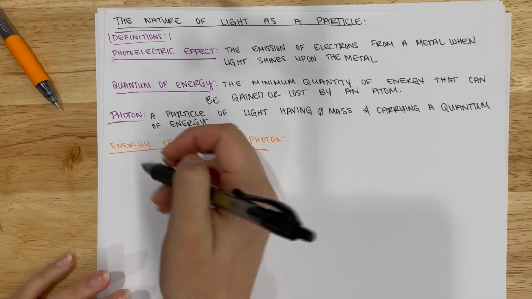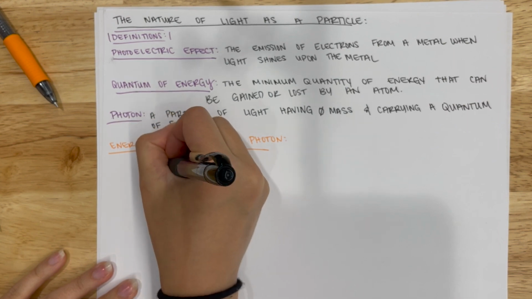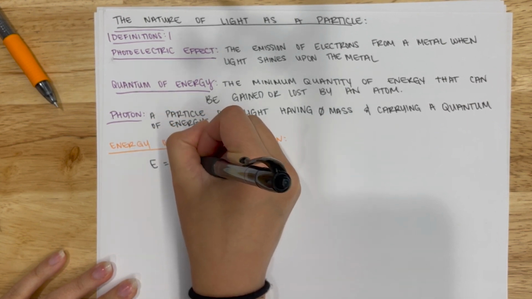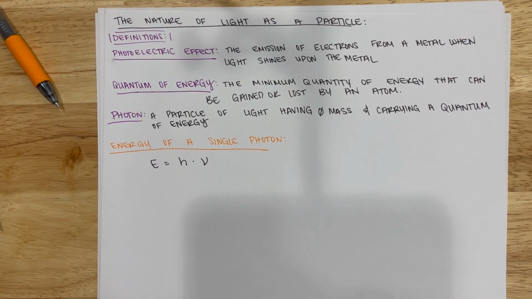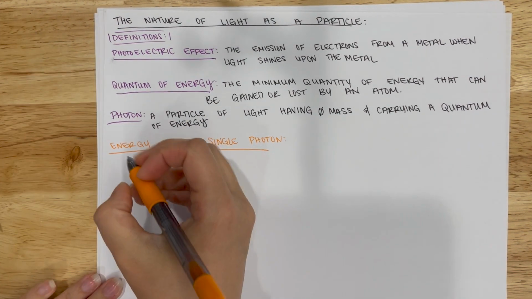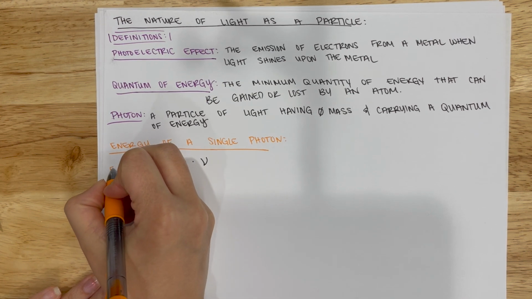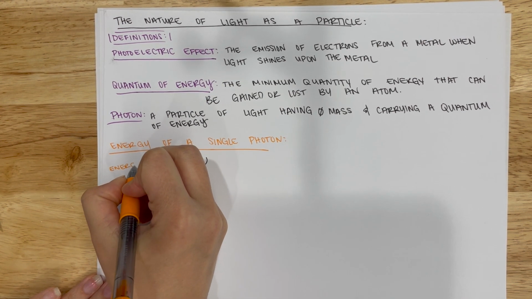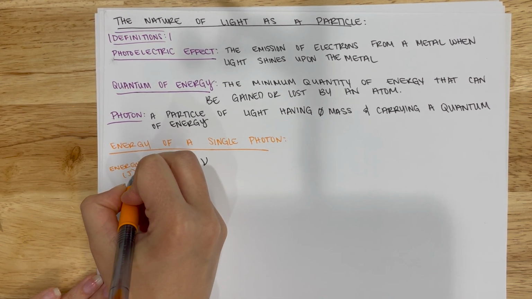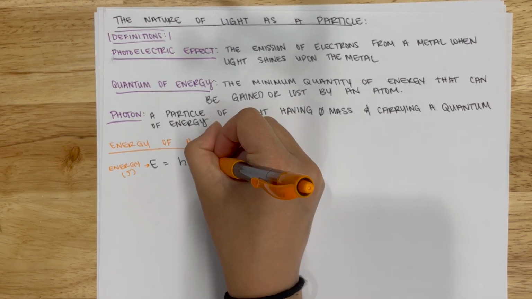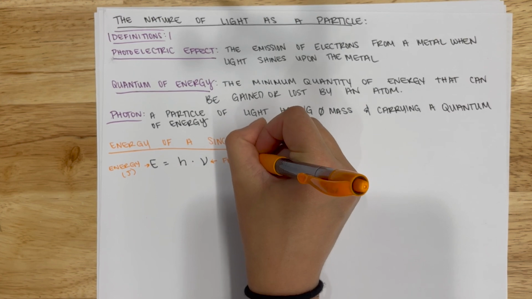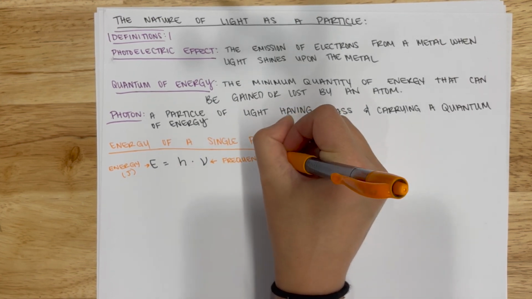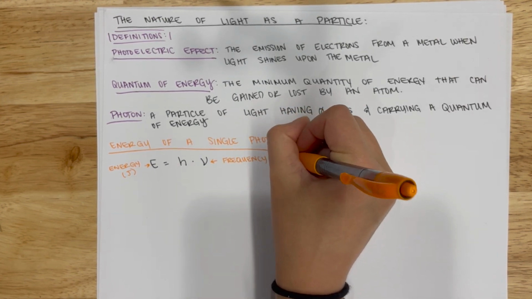Which is pretty cool. So here's the equation that we use. We use the equation E equals h times our funky looking nu, right? Energy is the E. Hopefully you remember we measure energy in joules. This is our frequency, which we still measure in hertz.